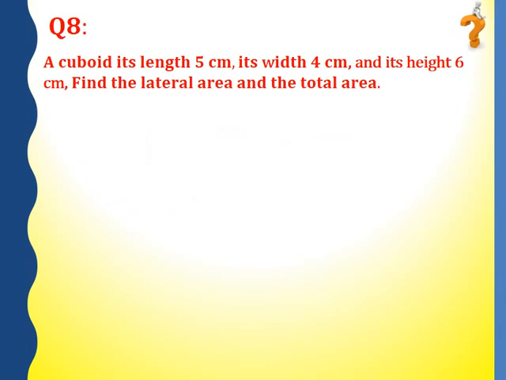Here I need to find the lateral area and the total area of a cuboid. Its length is 5 centimeters, its width 4 centimeters, and its height 6 centimeters. Let's remember that the lateral area of the cuboid equals the perimeter of the base times the height.